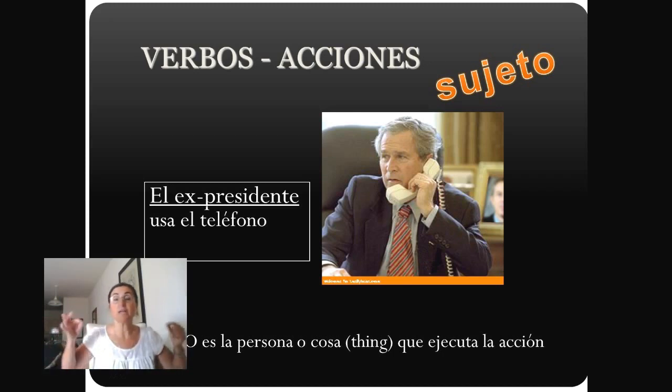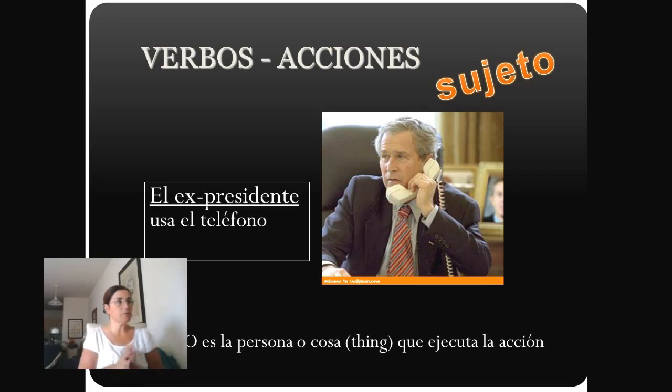If there is an action being performed, that is a sentence. When there is no action performed, that is a phrase. To be or not to be. That is a phrase. To me, a phrase is a dead sentence. It doesn't have a conjugated verb. There is not a performer in that sentence, therefore there is no action going on.